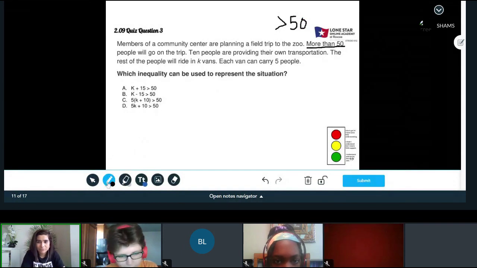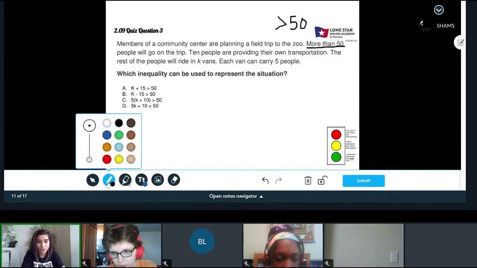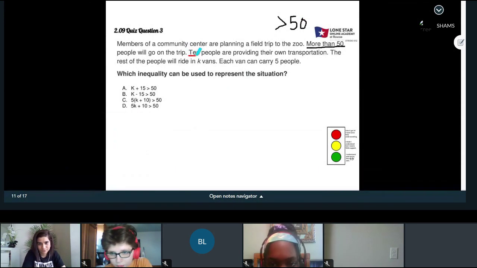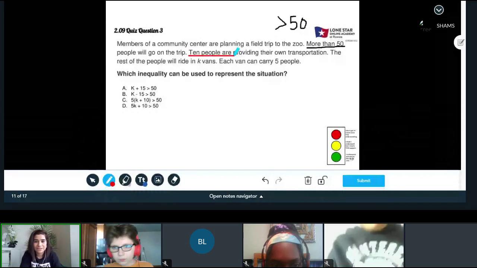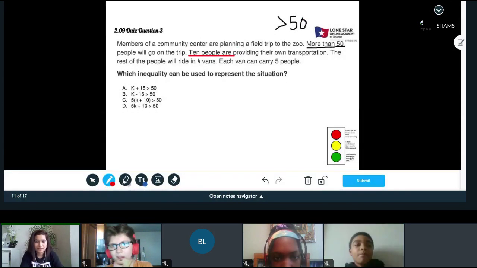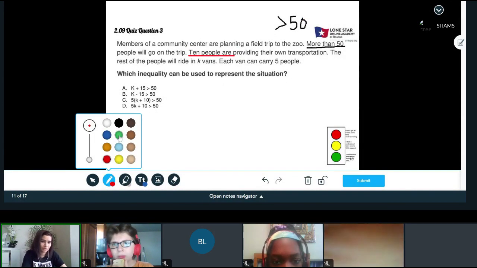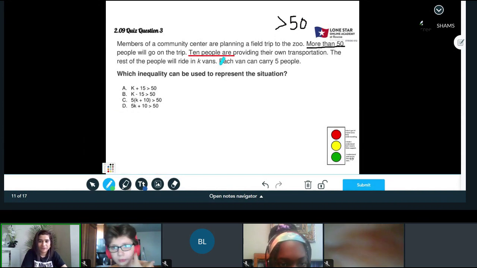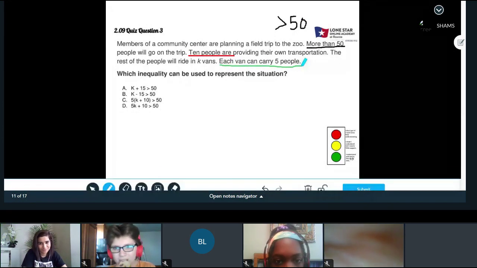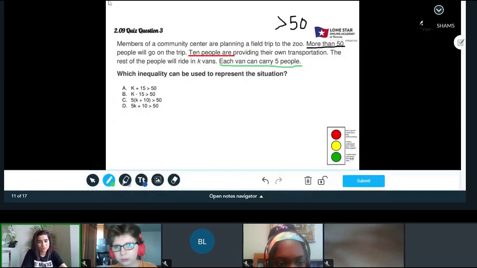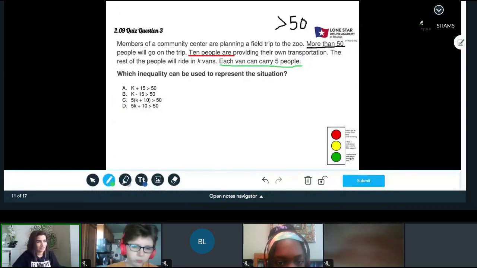Then they say 10 people are providing their own transportation, right? The rest of the people will ride in K vans. There will be groups of people, and each van can carry 5 people. Go ahead, see which inequality best translates the scenario. Ben, excellent.